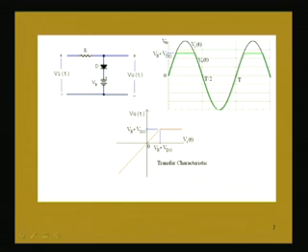When Vi is greater than Vb plus Vd naught, the voltage is constant at Vb plus Vd naught, and whenever Vi is less than Vb plus Vd naught, it bears a linear relation with slope 1.